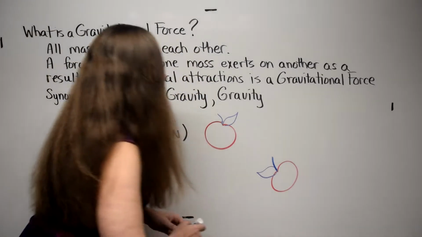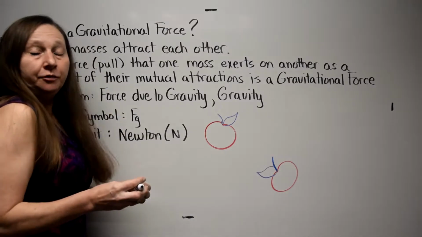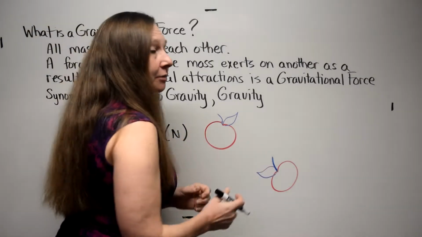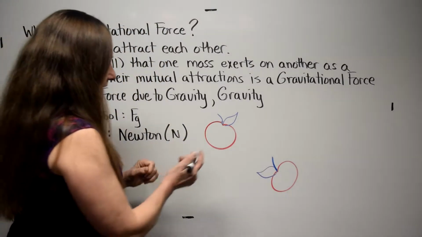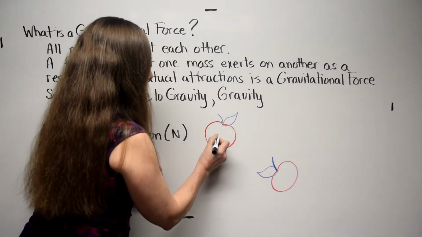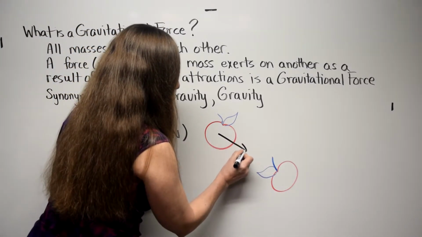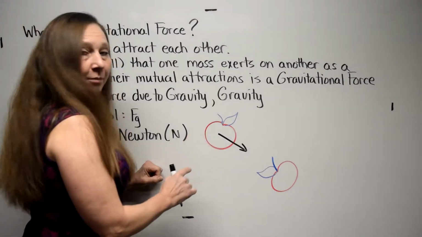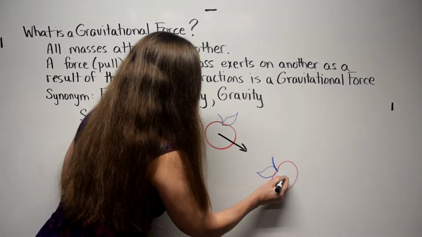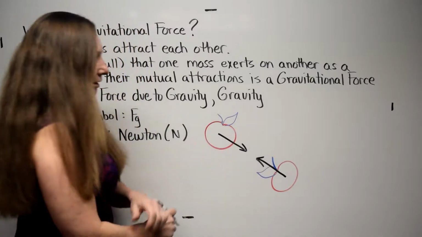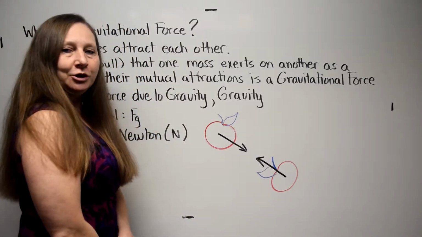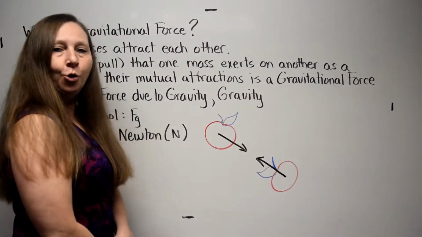So if you have, for example, two apples and you put them near each other in outer space, this apple is going to attract this apple, and this apple is going to attract this apple. They have a mutual attraction. They're going to be attracted toward each other.